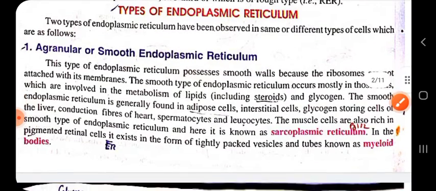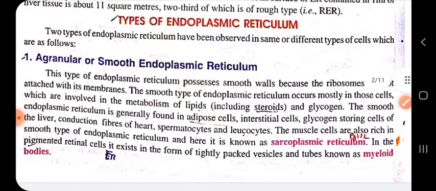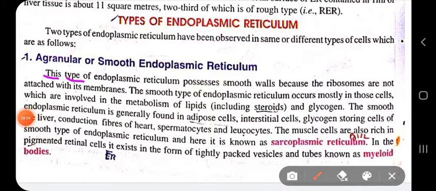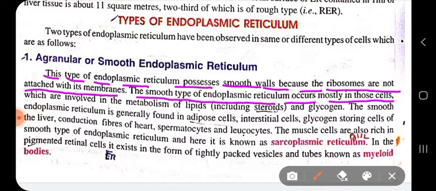Now, what does it say about the smooth endoplasmic reticulum? This type of endoplasmic reticulum possesses smooth walls because ribosomes are not attached with the membrane. I think you understood this line very well. Ribosomes are not attached to the membranes of the smooth endoplasmic reticulum. The smooth endoplasmic reticulum occurs in most cells which are involved in the metabolism of lipids, including steroids, and glycogen.